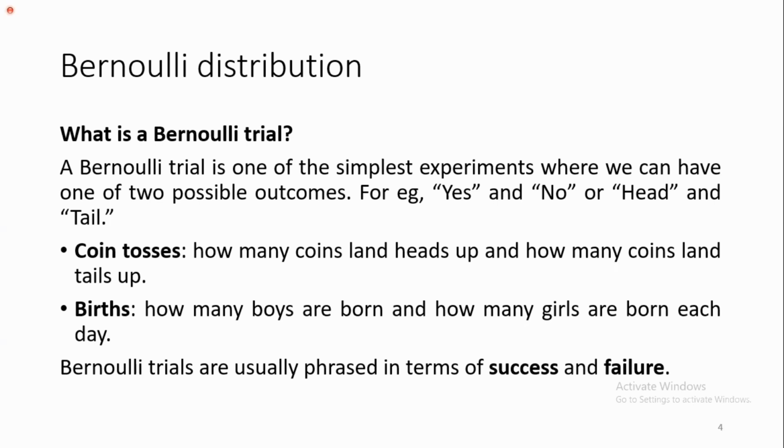Or, for example, yes or no. If you take this statistics examination, we can consider that situation as a Bernoulli trial. A student will pass or fail that exam. There are only two possible outcomes: either you will pass the examination or fail it.